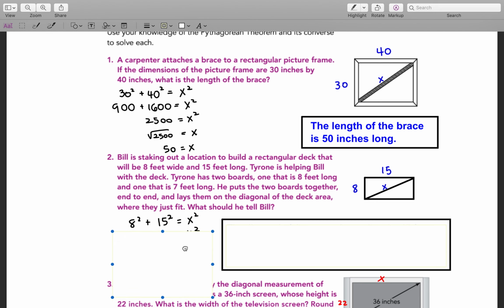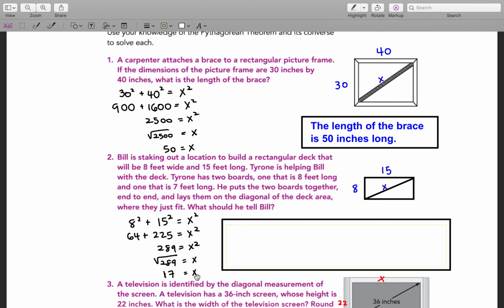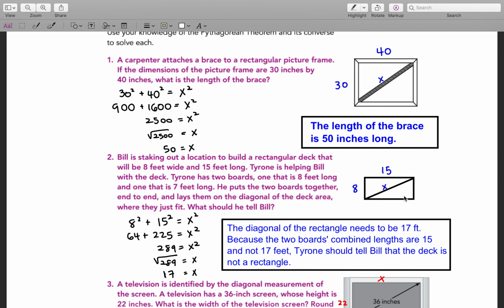So if we do that, 64 plus 225 is x squared. You add it all up, you get 289. And you take the square root of that to figure out this x by itself, which you get 17. Okay, so the diagonal of the rectangle needs to be 17 feet, but because the 2 boards' combined lengths are 15 and not 17, Tyron should tell Bill that the deck is not a rectangle.